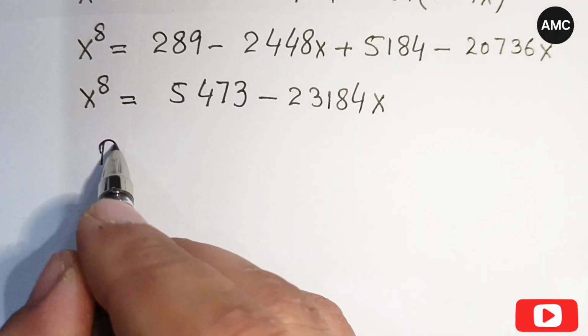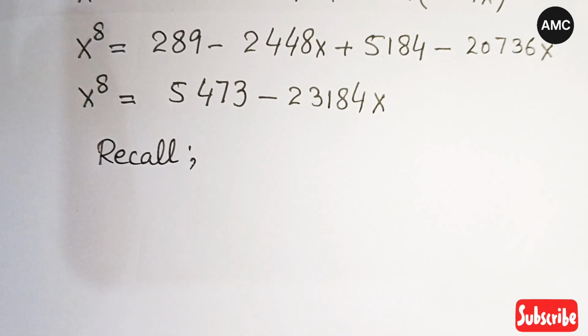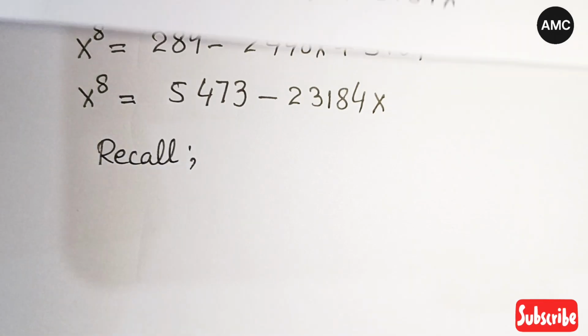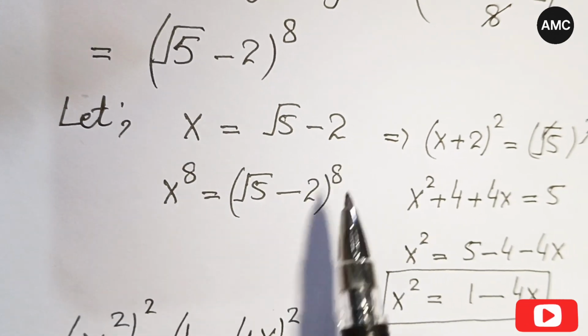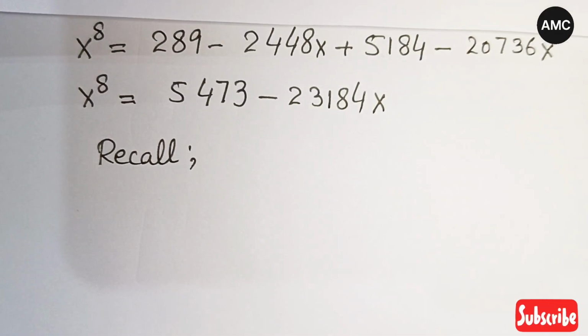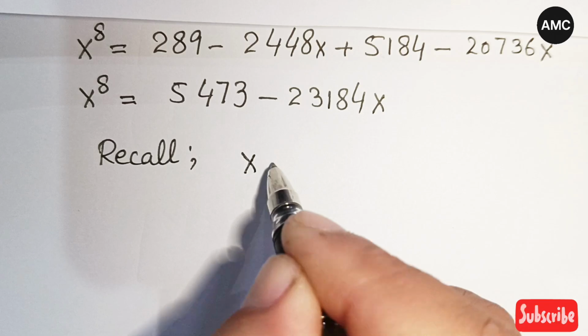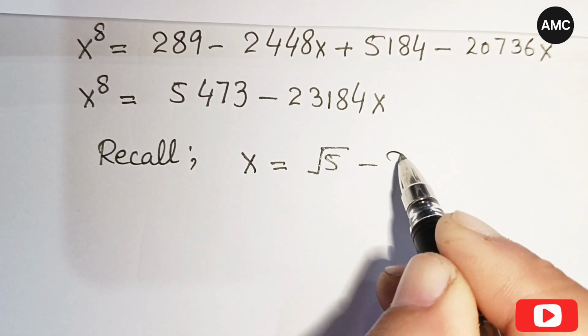Now recall, we supposed that x is equal to square root of 5 minus 2.